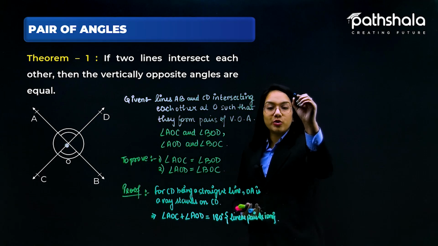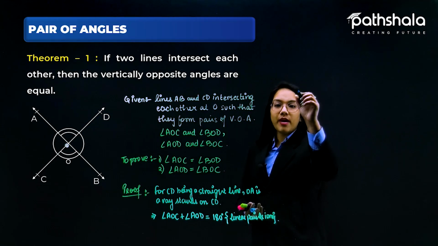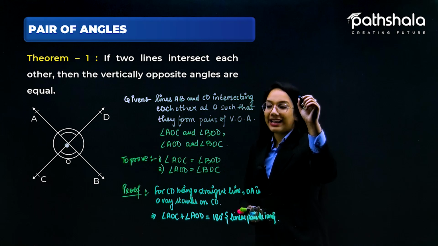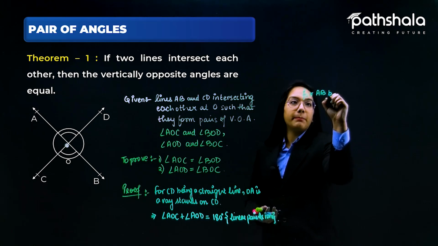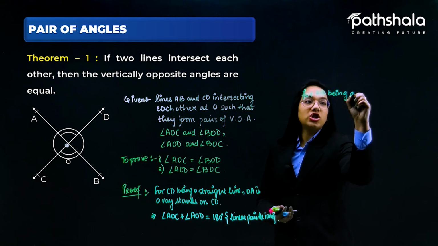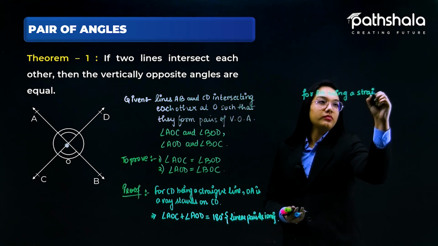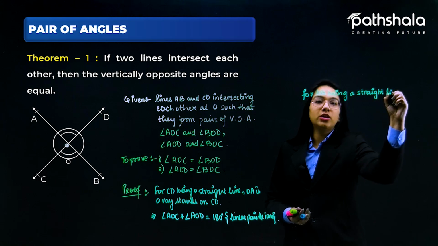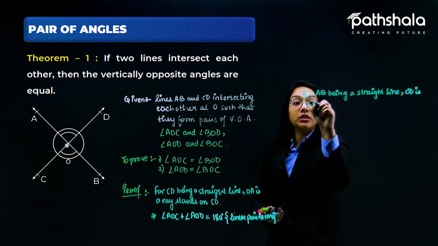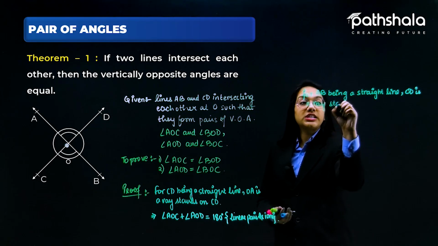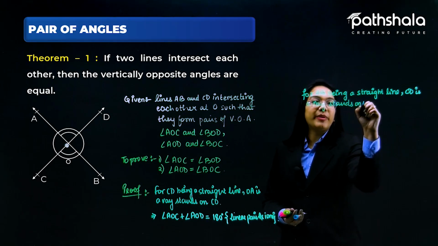Now, moving on, talking about the straight line AB. For AB being a straight line, OD is a ray that stands on AB.